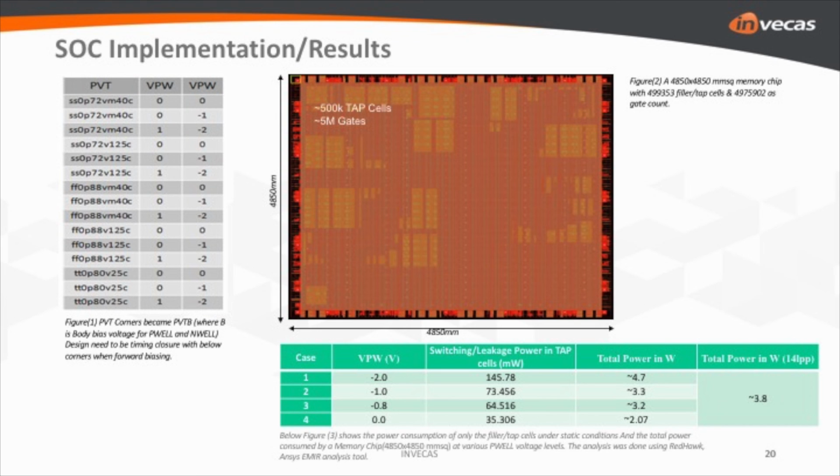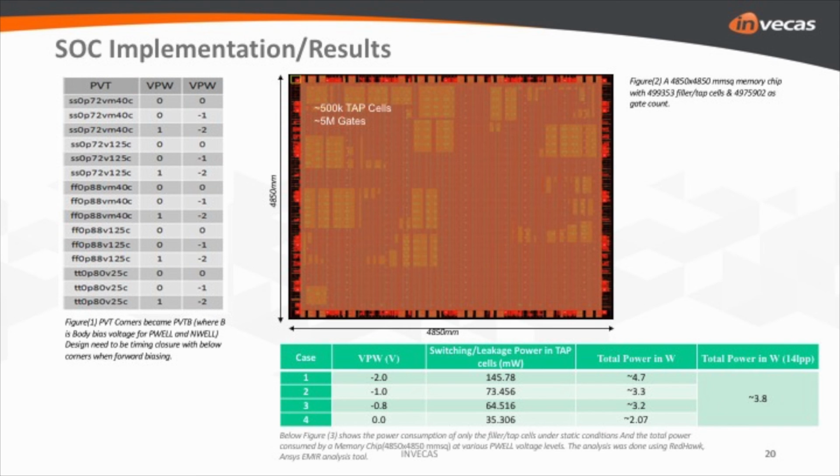When you look at different voltages of the P-well, as we pull up the voltage of the P-well from -2 volts to 0 volts, you see a drastic reduction in leakage power in the tap cells, as well as in the overall power consumed, as high as a 50% drop in power.